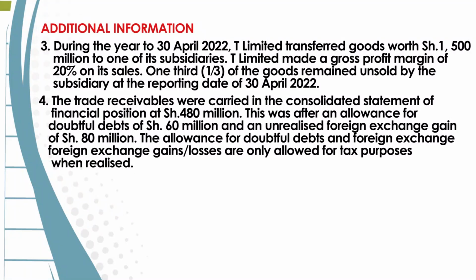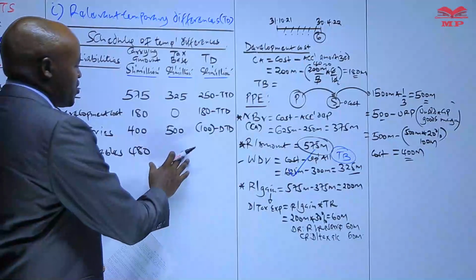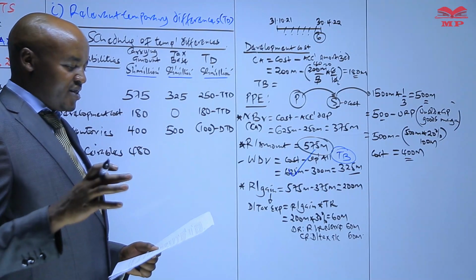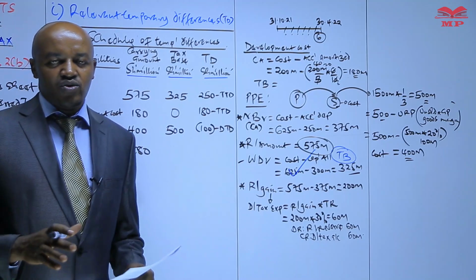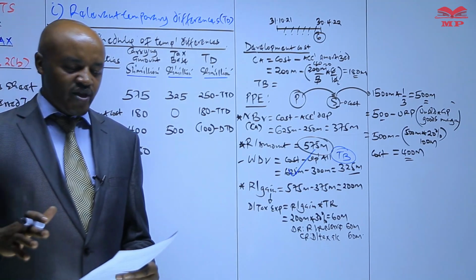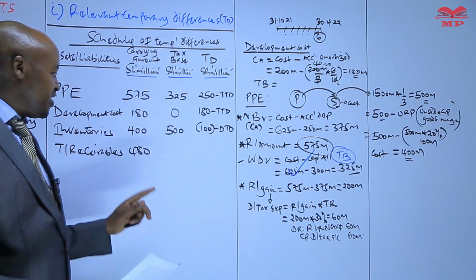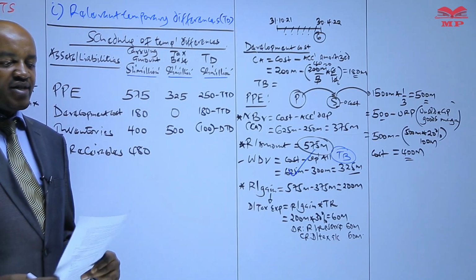But we are told this figure was arrived at by this group of companies after making an allowance for doubtful debt of 60 million and including an unrealized foreign exchange gain of 80 million. Now, to determine the tax base of the trade receivables, it is always equal to the gross amount, because what you're given here is the net amount.